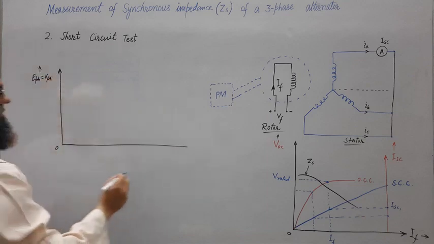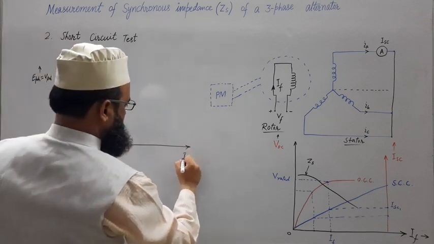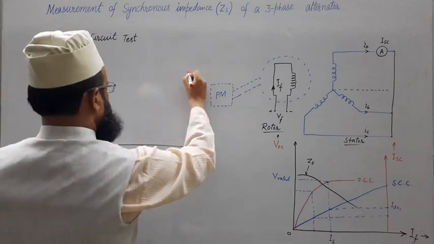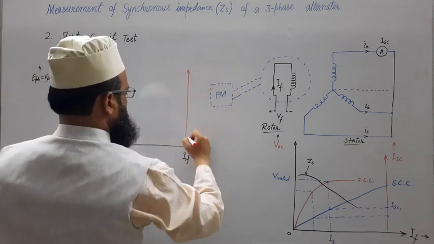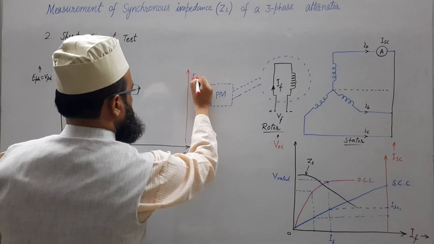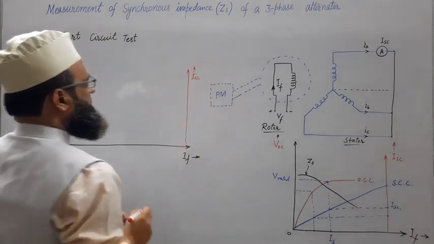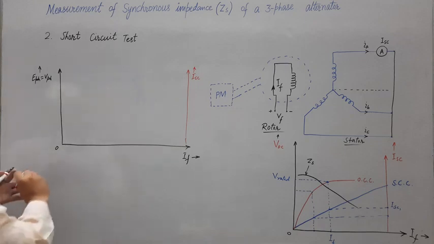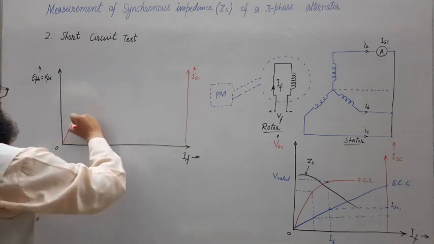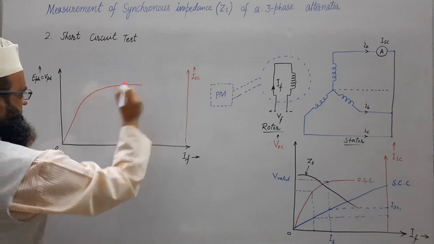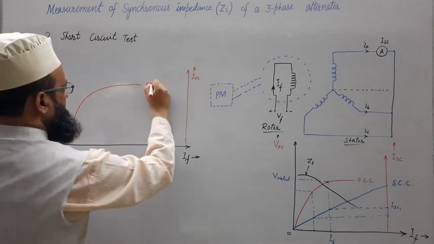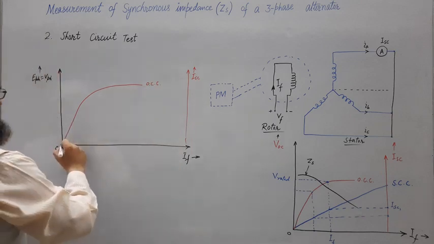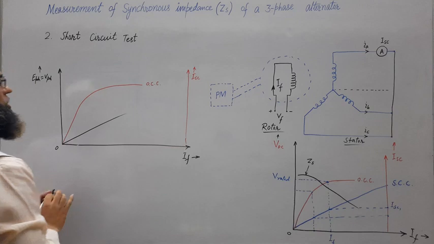This is 0, this is IF, and we have another axis of ISC. Fine. So we have two characteristics: the open circuit characteristic, and we have another characteristic, the short circuit characteristic.